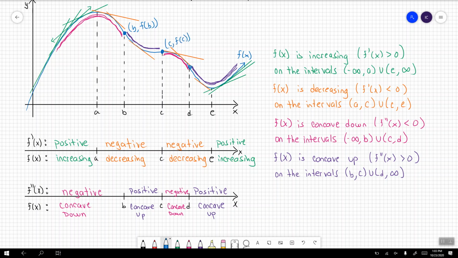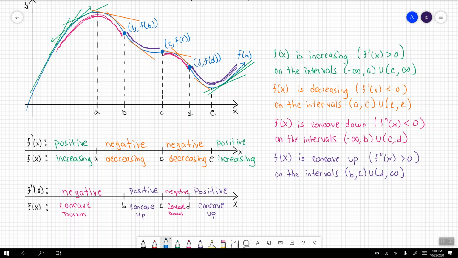And the last point where the function changes concavity is d comma f of d. And so these 3 points are known as inflection points. Inflection points tell us where the function switches concavity, from concave down to concave up, or concave up to concave down.